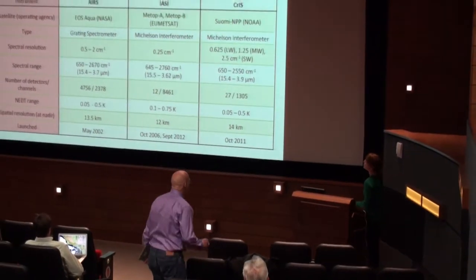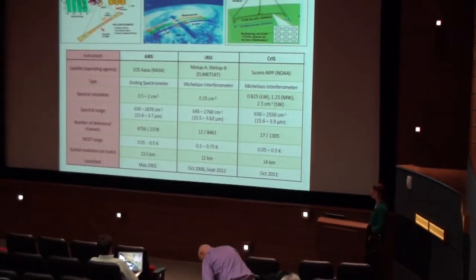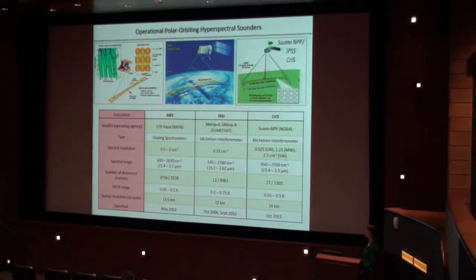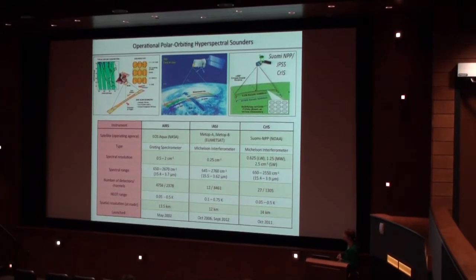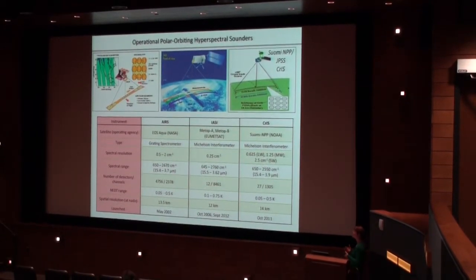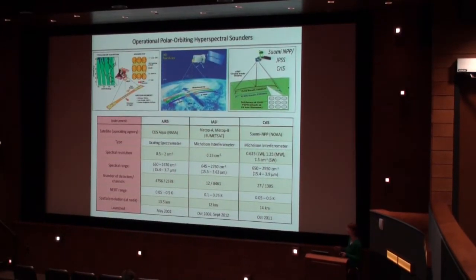These are our current operational sounders in orbit. The spatial resolution of all the sounders is about 30 kilometers in radius, so that's much coarser than imagers. But the spectral resolution is really high.